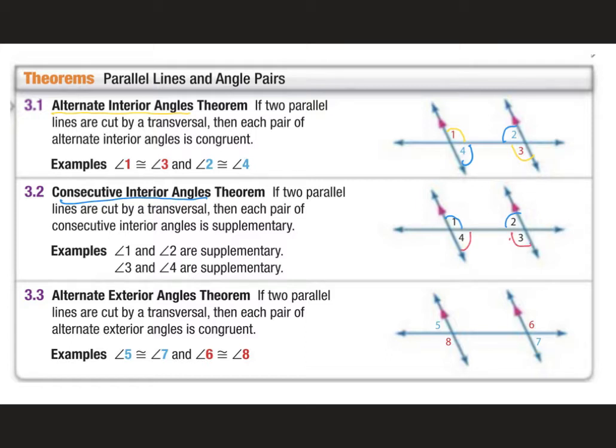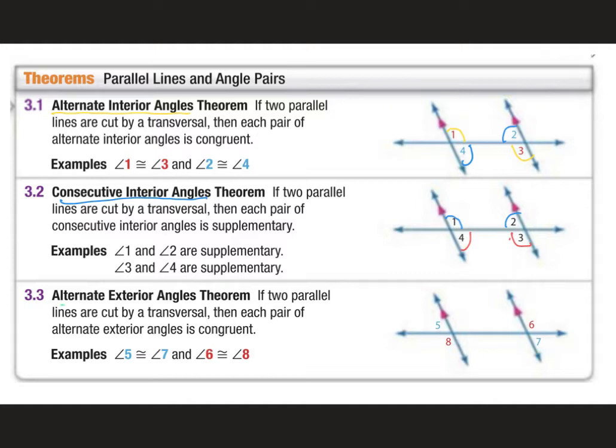Now these are not congruent to each other but are supplementary, meaning that 1 and 2 have to add up to equal 180 degrees, and then 4 and 3 have to add up to equal 180 degrees. So whatever the measurement of angle 4 is and whatever the measurement of angle 3 is, I know they have to add up and equal 180 because of the same side interior.